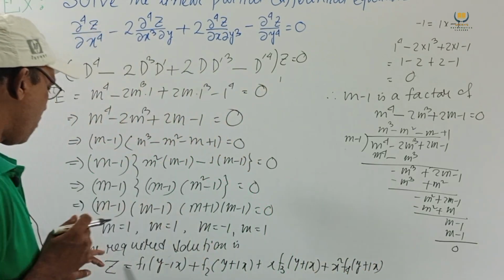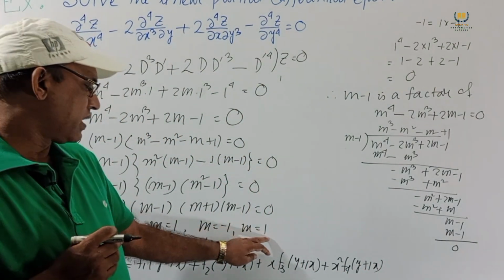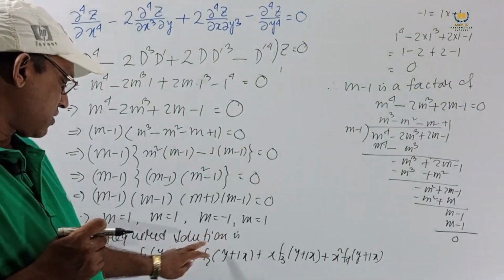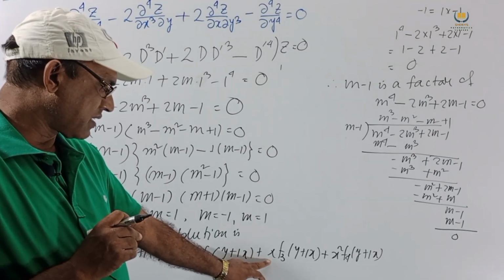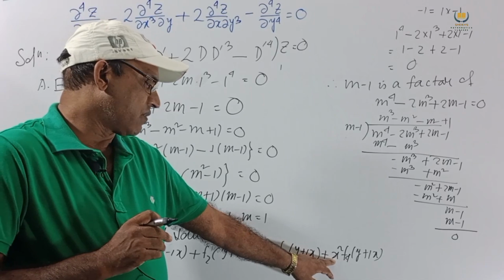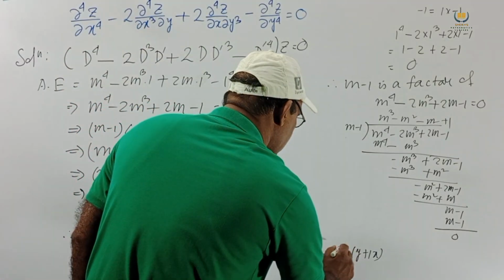We get this. How many 1s? 1, 2, 3. So we write the first as minus 1 here. Next 1x, extra factor we get x, 1x and x square. This one we get.